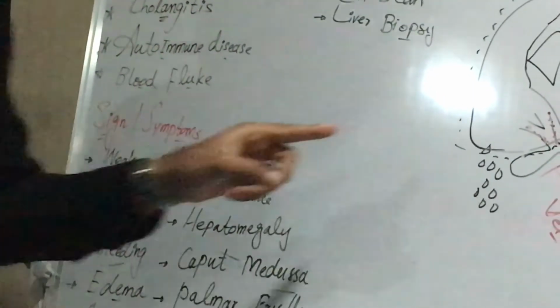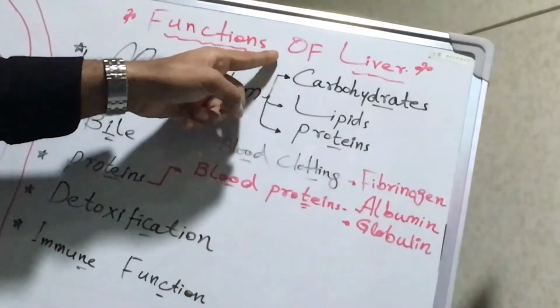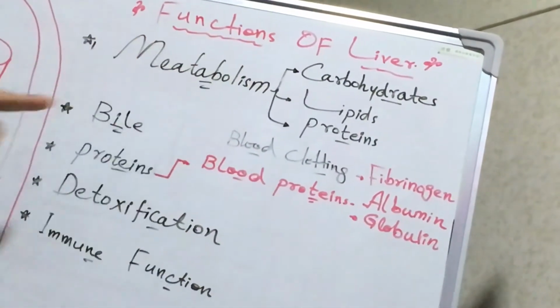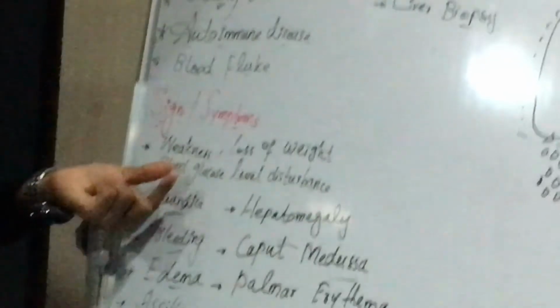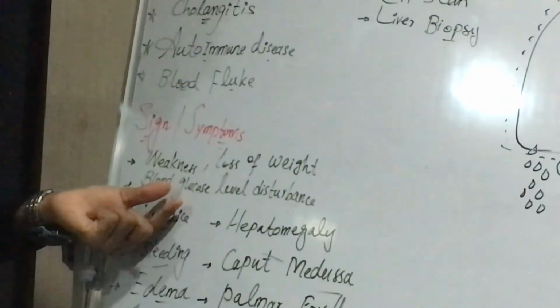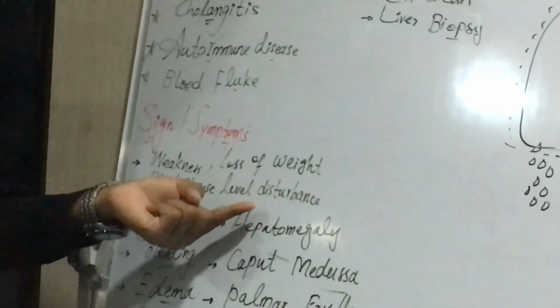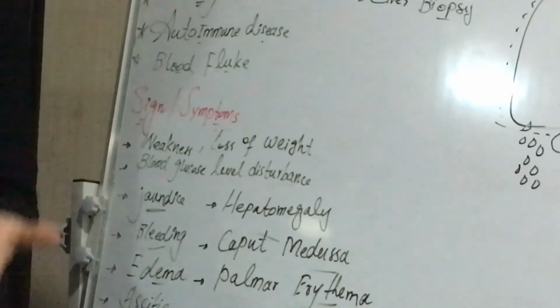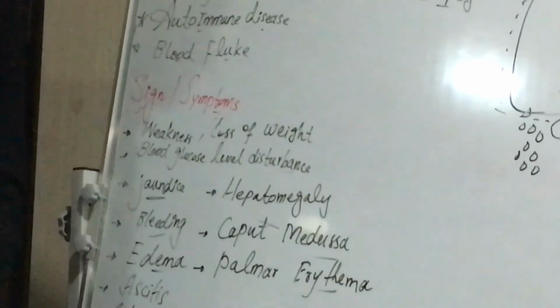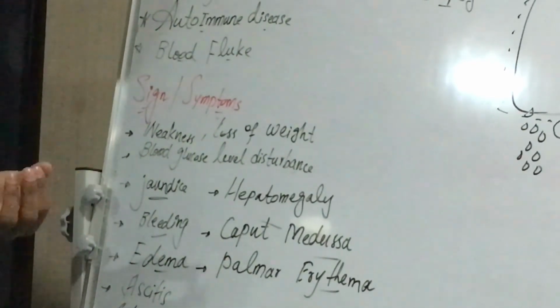Secondly, if the liver cannot metabolize carbohydrates, our body cannot control glucose level, and there will be blood glucose level disturbance. Sometimes blood glucose level goes very high, sometimes very low. So there will be disturbances.